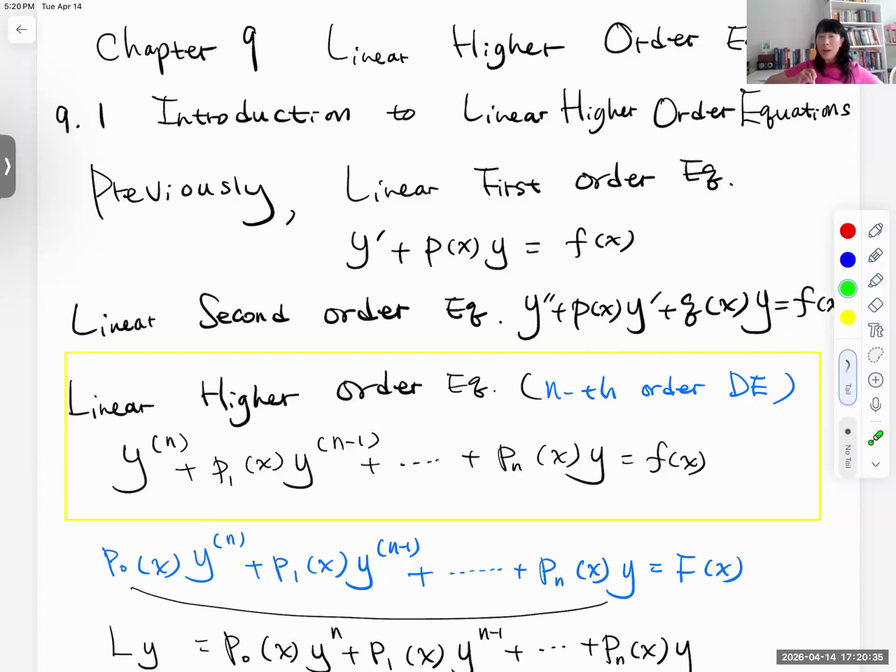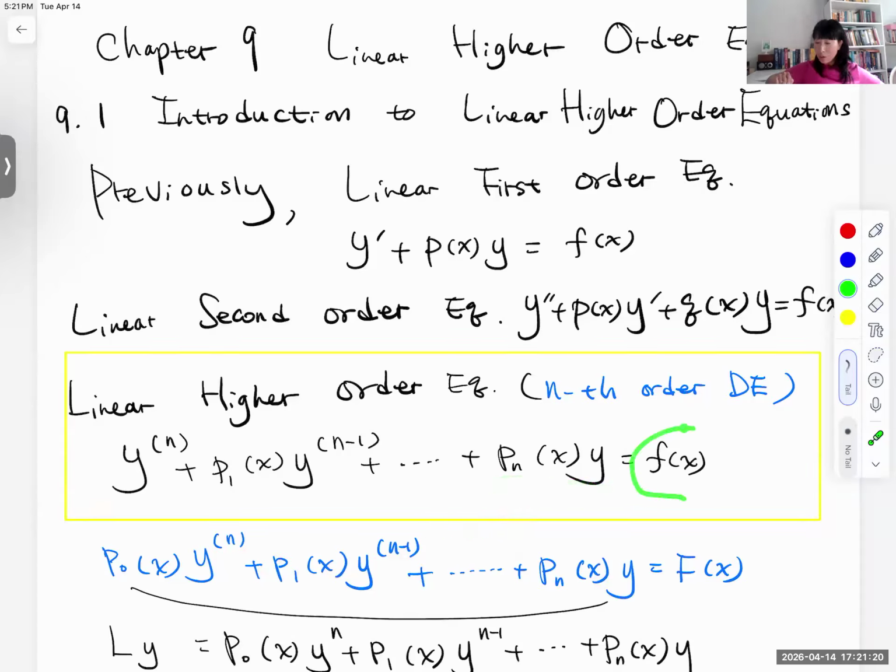How about a linear higher order equation, like this section title? We have the nth order differential equation: y to the n derivative, not the power, plus p sub 1 of x times y to the n minus 1 derivative, plus p sub 2 of x times y to the n minus 2 derivative, and so on, then the first derivative of y, and the last term is just y.